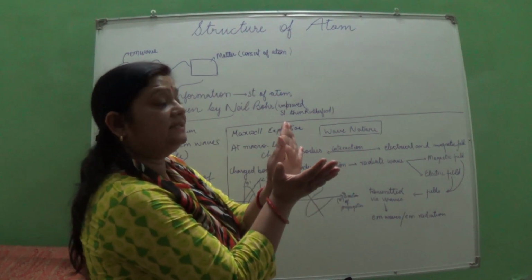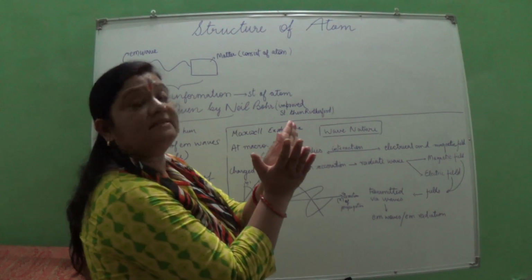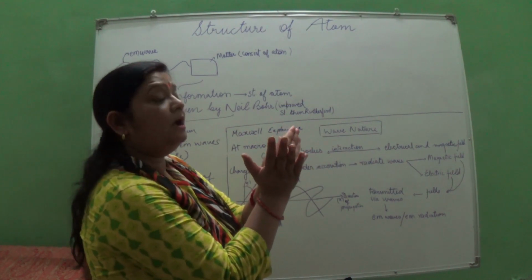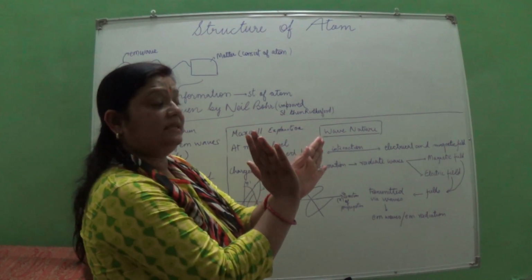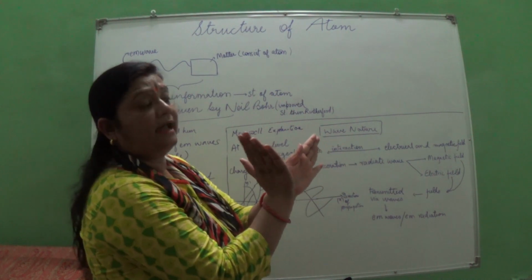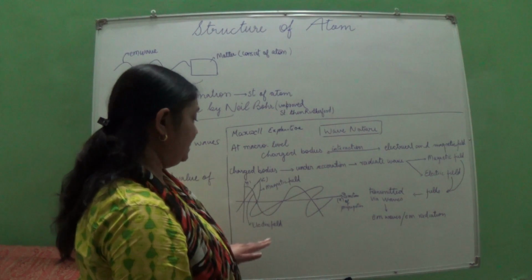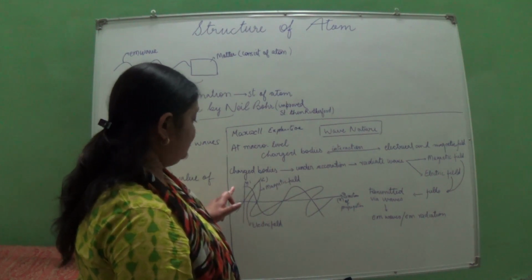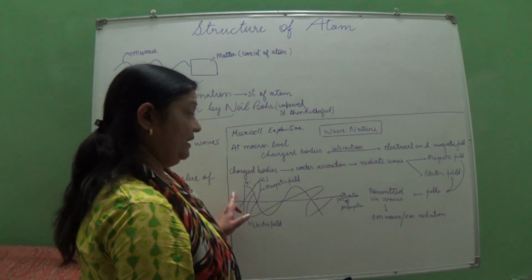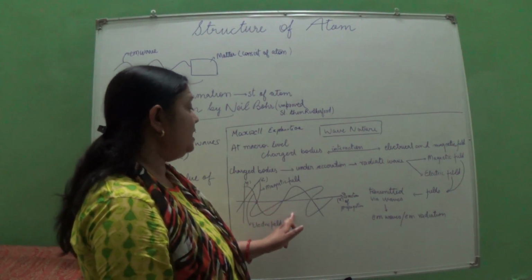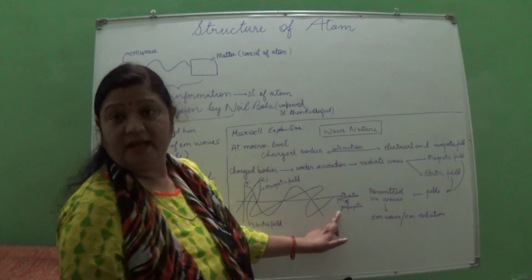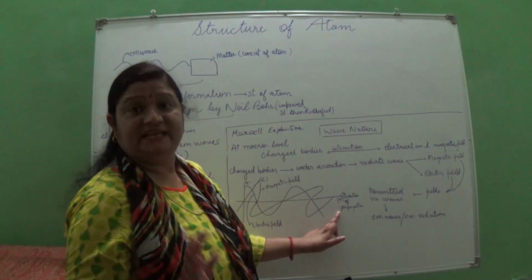Here the z-axis, as we can see, is a three-dimensional figure. So the magnetic field is in the z-axis and the electric field is in the y-axis, and they are propagating in the same direction, but they are perpendicular to each other.